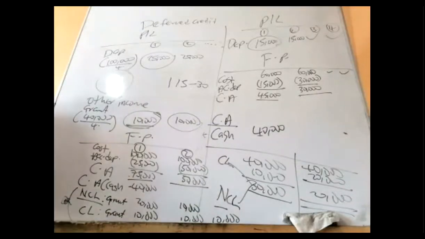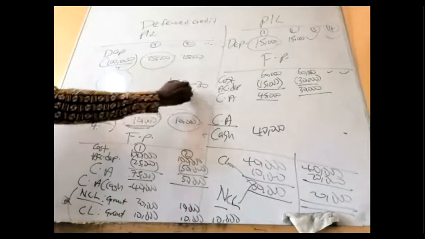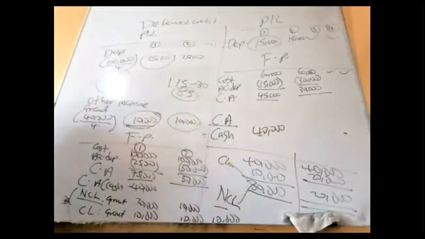So now liability has a credit balance, so we net it off from the asset. 115 minus 30 gives us 85. It is the same as 45 plus 40.